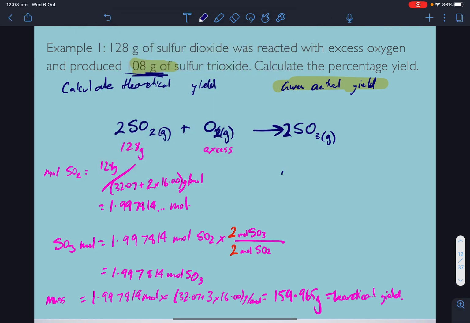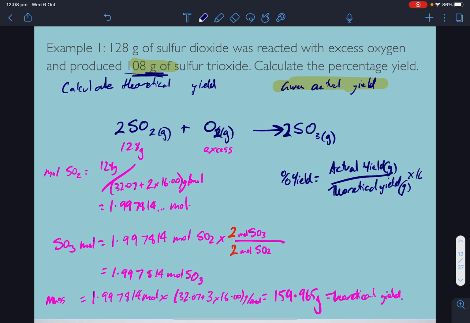Okay, I'm going to move my box up in that space. So my percentage yield equals actual yield over theoretical in grams times by 100%. So for us now it equals, our actual yield from the question was 108 grams. Our theoretical yield was 159.965 grams, and we're going to multiply it by 100.